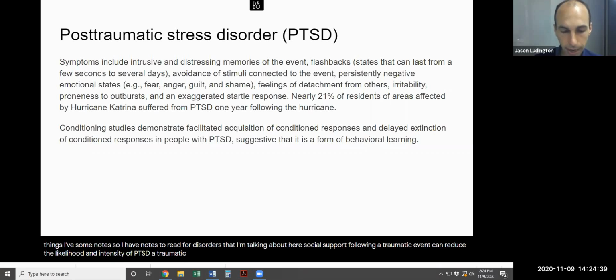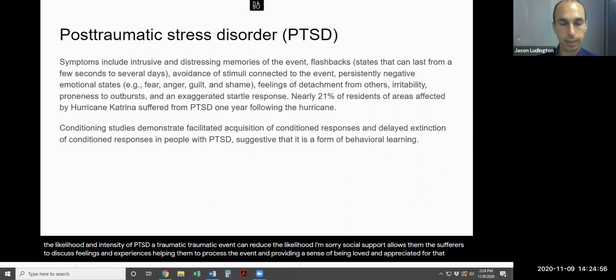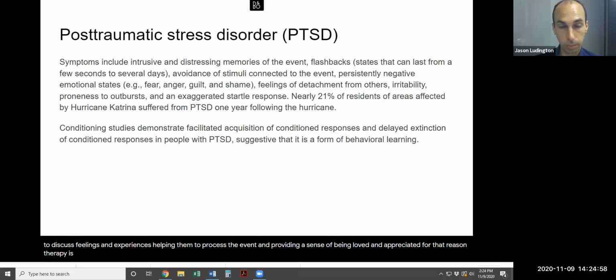Social support allows the sufferers to discuss feelings and experiences, helping them to process the event and providing a sense of being loved and appreciated. For that reason, therapy should be very effective for those who are comfortable with therapy and interested in and willing to participate in it.